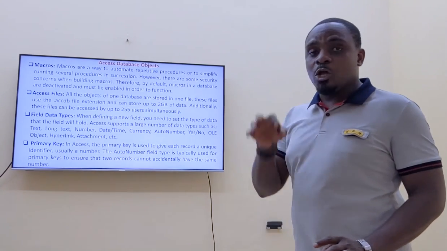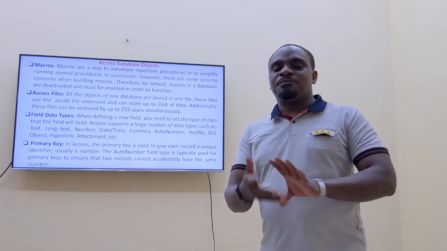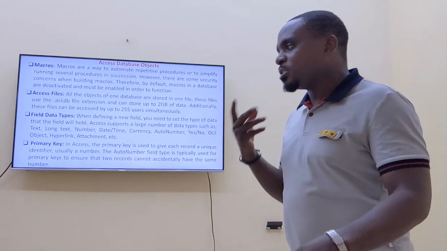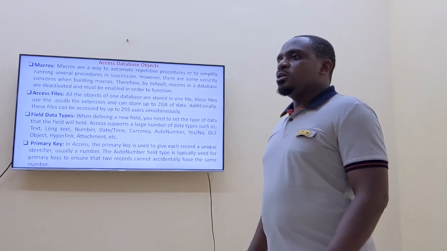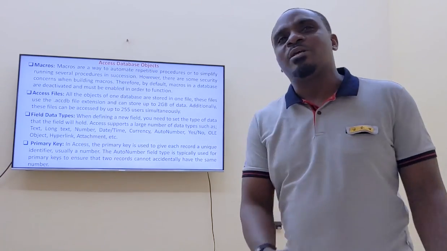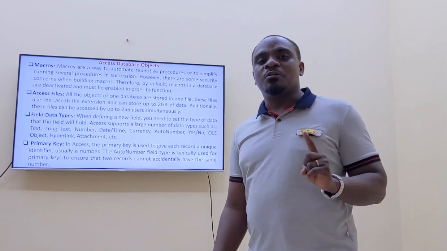A primary key helps you to easily fetch. It helps in queries a lot. It helps in report generation a lot, because it is with your primary key that you can easily identify or single out a particular data you're looking for.